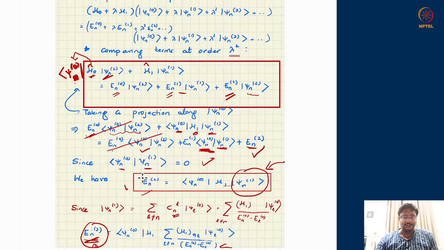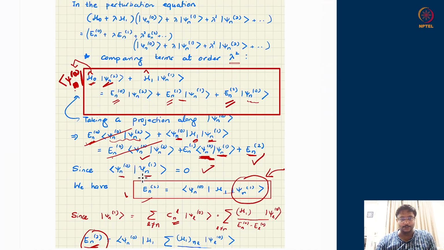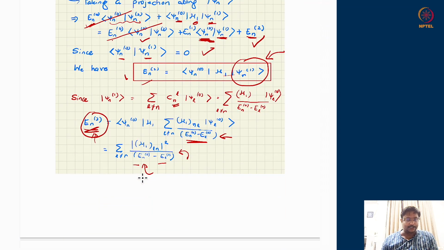Starting from this equation, you can now collect lambda cube order term, lambda 4 order term, and keep using the previous information, and you will set up for the higher order correction. So this is the machinery with which you can proceed along the higher order effects, which is technical but nothing more conceptual than that.